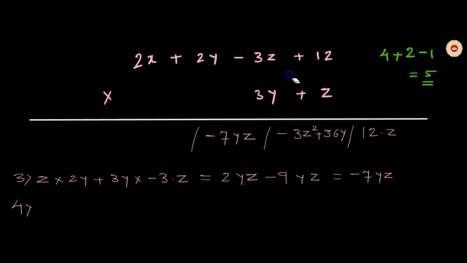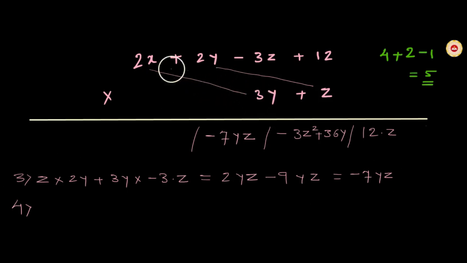Let me erase these lines. Now let us consider the third and fourth terms from the right side in multiplicand, and these two terms in multiplier. So this is the third column and this is the fourth column. We are going to consider these two columns now.